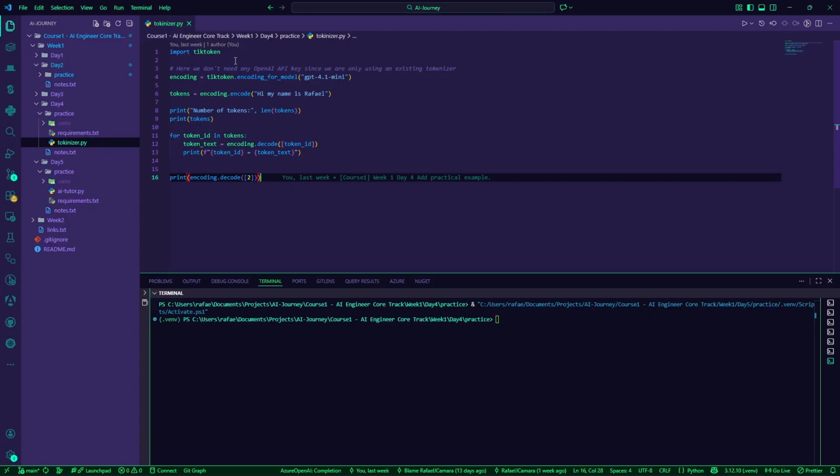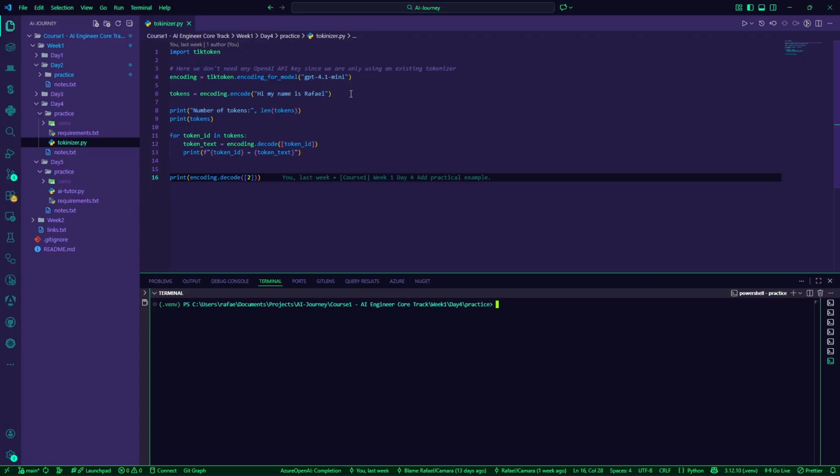Encoding and decoding, because as I told you before, the currency of LLMs is actually tokens. And in order to make this process much easier to work with, we use encoding and decoding.